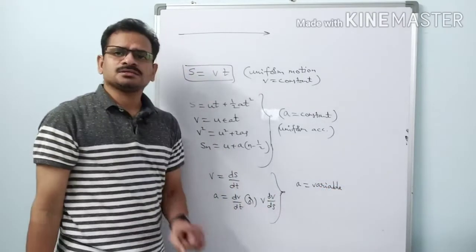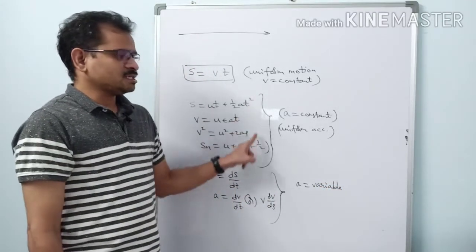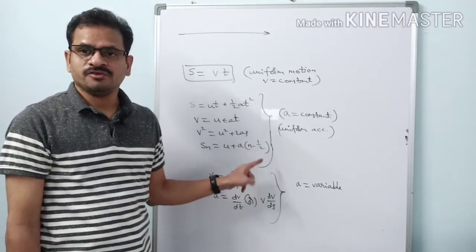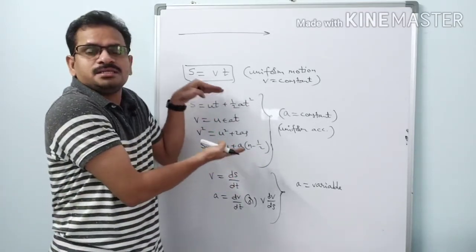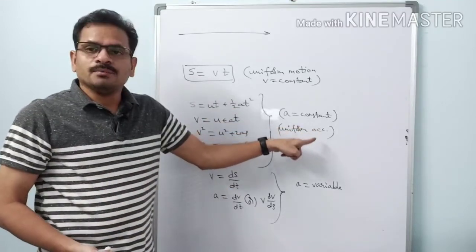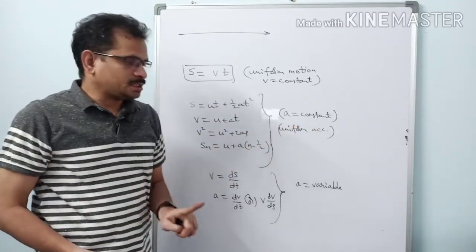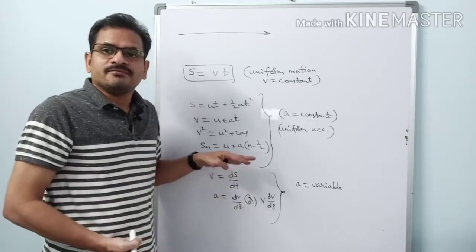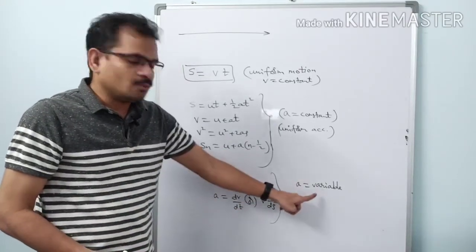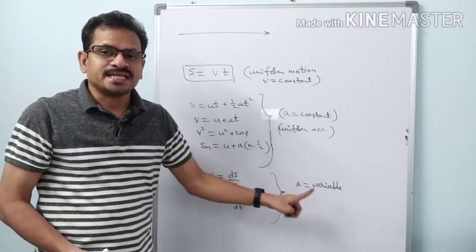When acceleration is not constant, the previous equations are not suitable. If a body moves with variable acceleration, we cannot use those equations. They are meant only for bodies moving with a constant acceleration. I am reminding you once again. We can apply these calculus equations when the bodies move with variable acceleration.